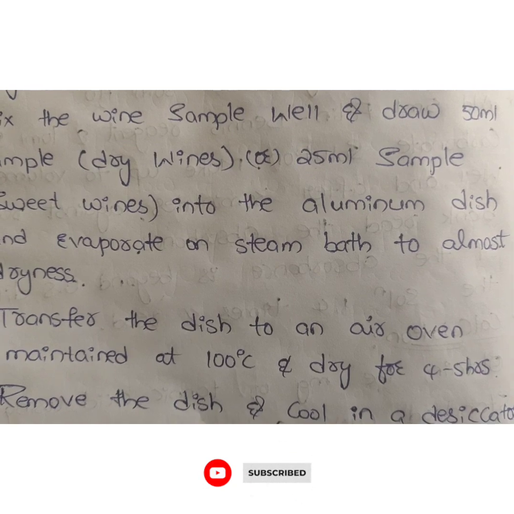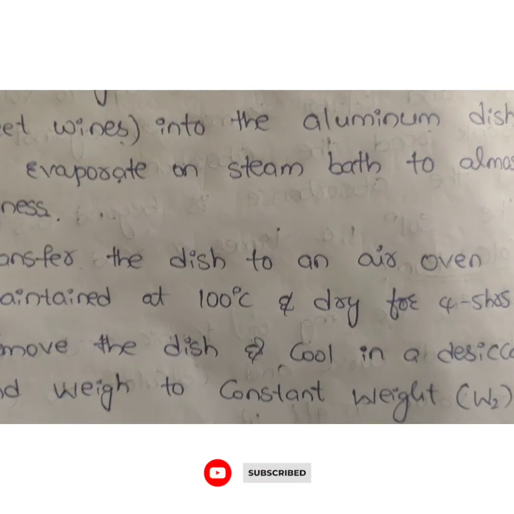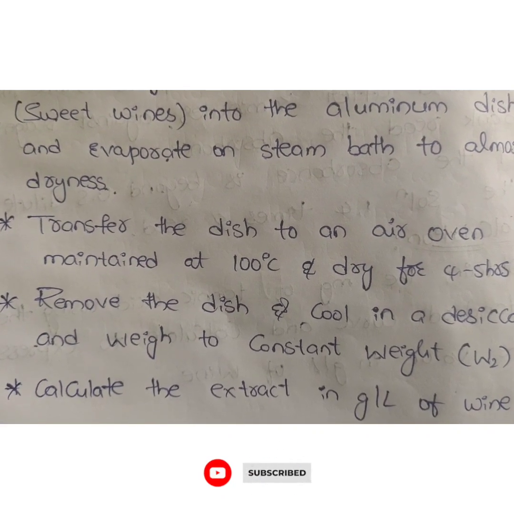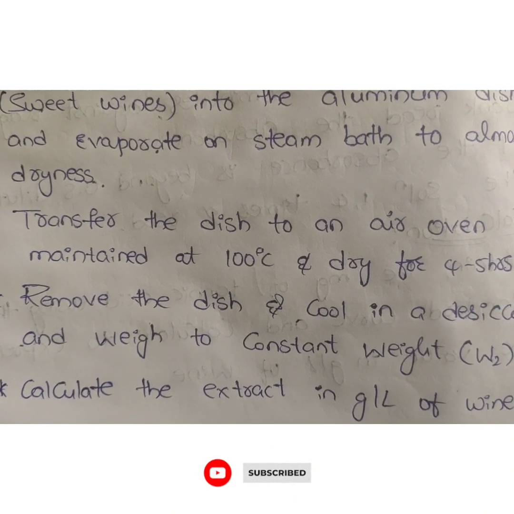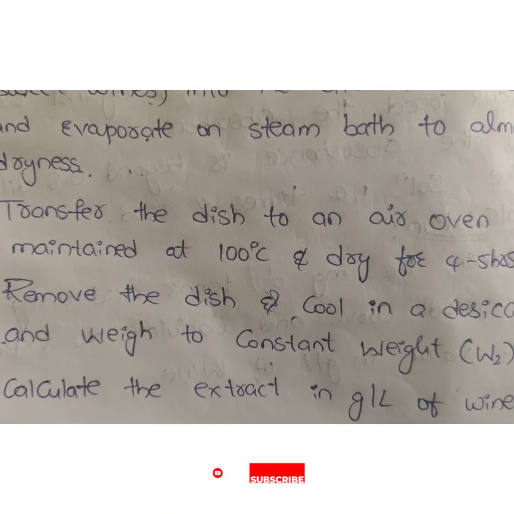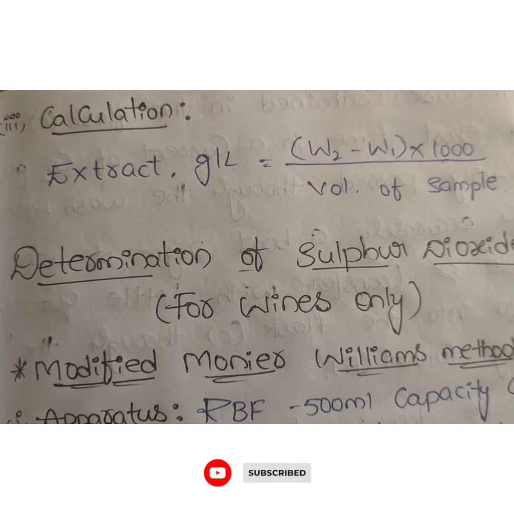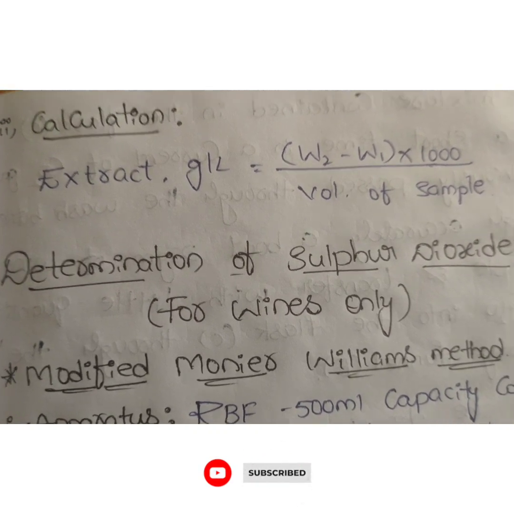Transfer the dishes to an air oven maintained at 100 degrees centigrade and dry for 4 to 5 hours. Remove the dishes, cool in a desiccator and weigh to constant weight W2. Calculate the extract in g/L of wine. Extract g/L equals W2 minus W1 into 1000 by volume of sample.